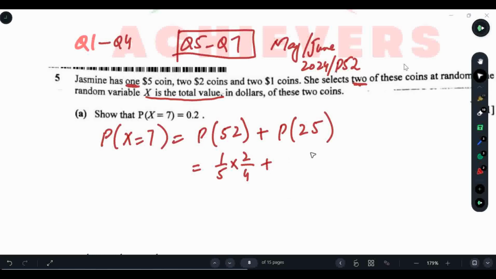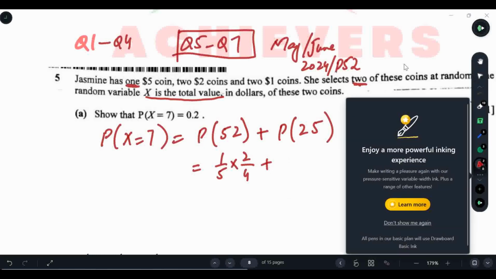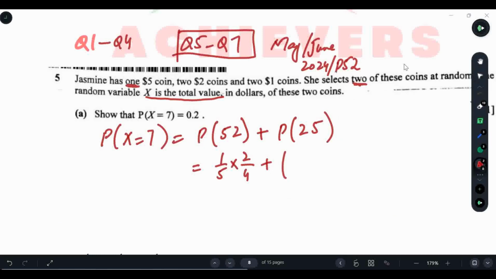Now plus the probability of 2 first: this will be 2 over 5 for the first one because we have two coins of $2, and then for 5 we will have 1 by 4.